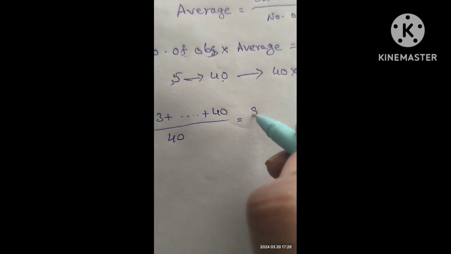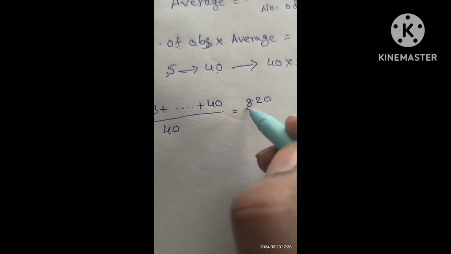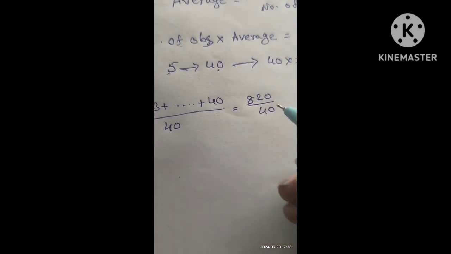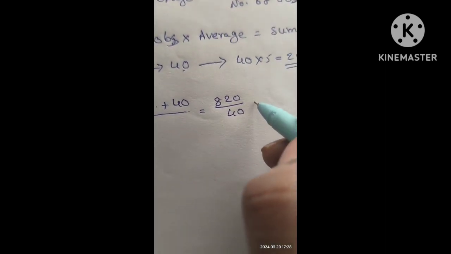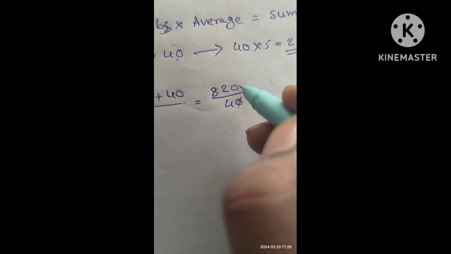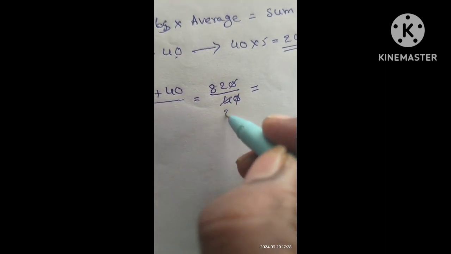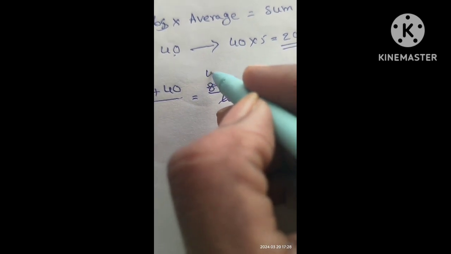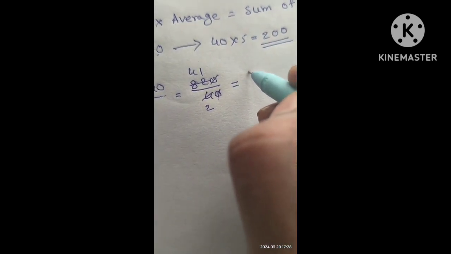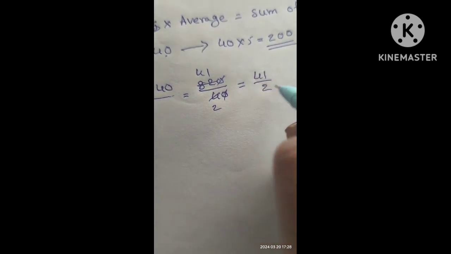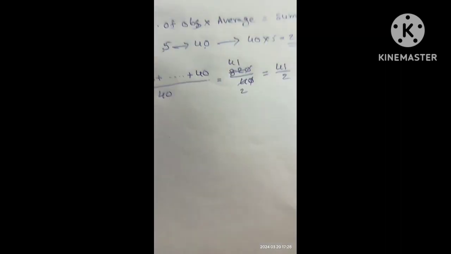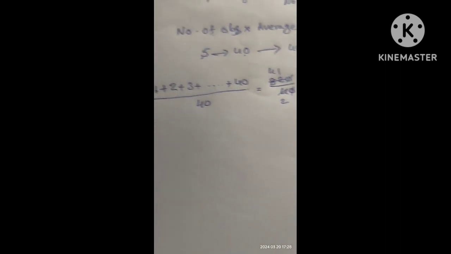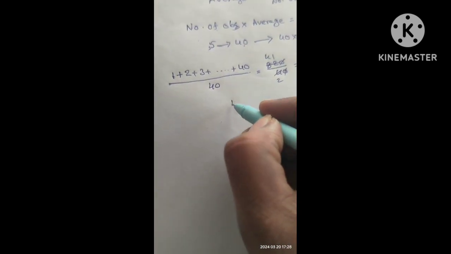So 820 by 40. By cancellation, 0 and 0 cancel, 2 fours are 8, so the answer is 41 by 2. That is the average of first 40 natural numbers. But it is not given in the options, so the answer will be option D.